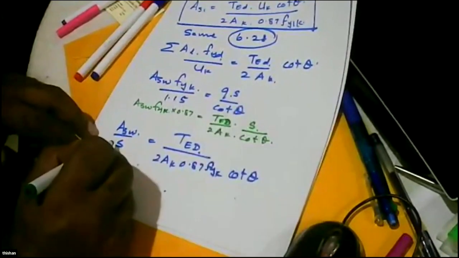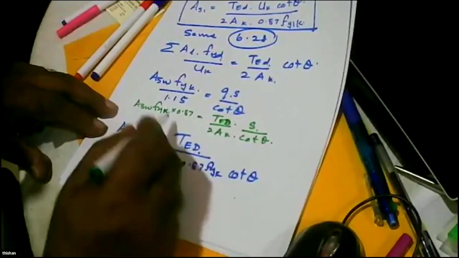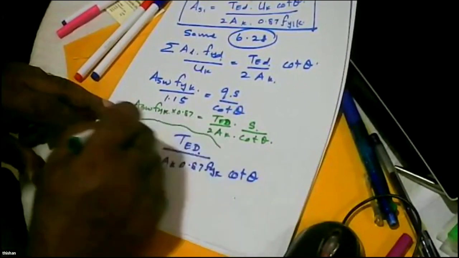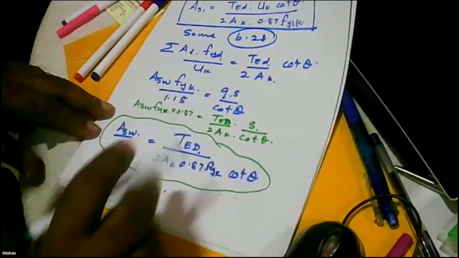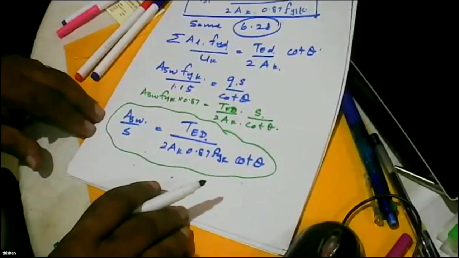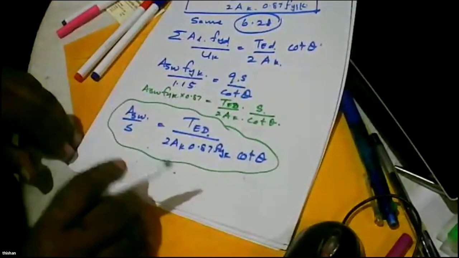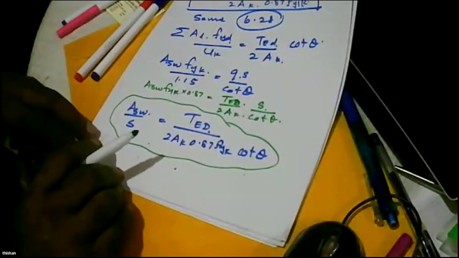So this s can be brought here and this can go this way. So you get this equation. That equation is not given in the code, but it's given in textbooks. So we will be using this equation.